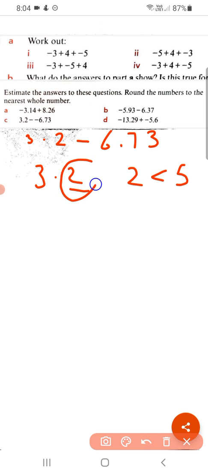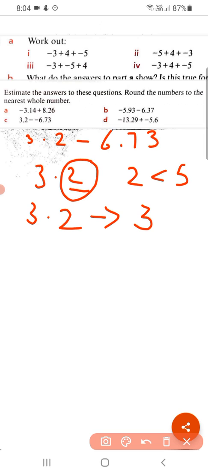Remove this place. So 3.2 becomes 3. When the digit is less than 5, we remove that part and write the remaining digit. That is 3.